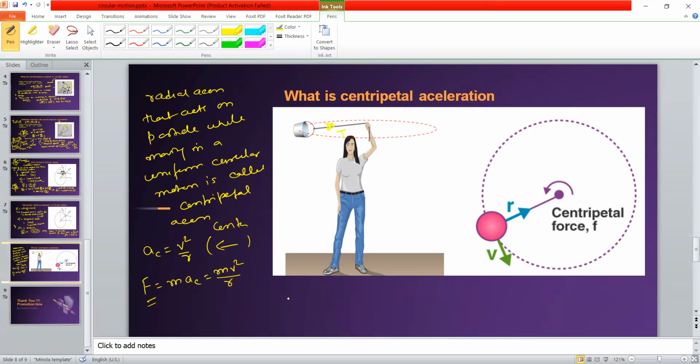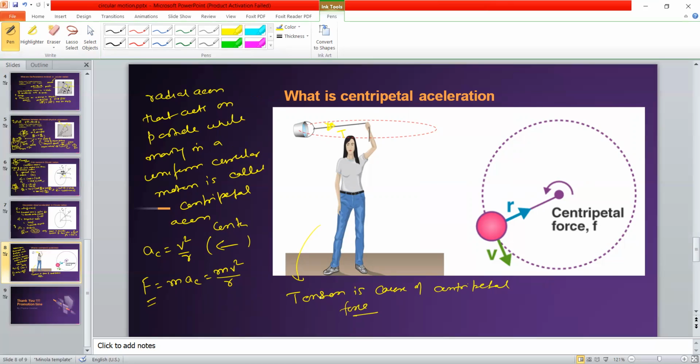So here tension is the cause of centripetal force. You should understand that whenever a centripetal force is acting, there has to be some cause, and that cause is always acting towards the center of the circle.